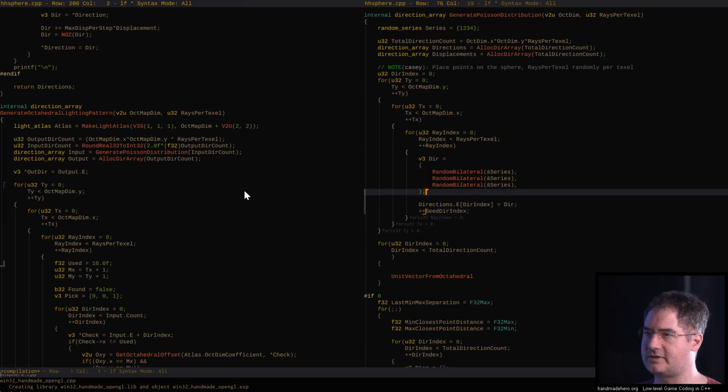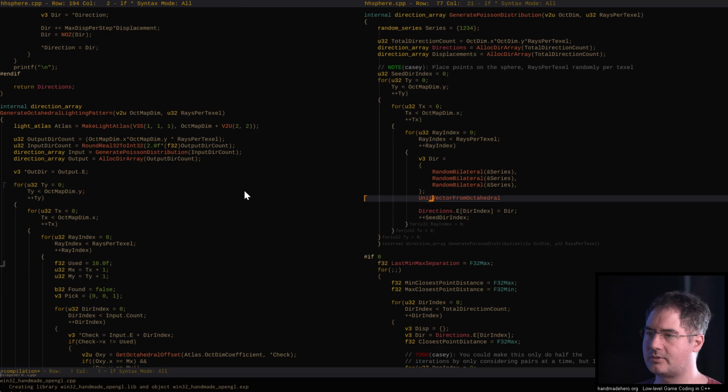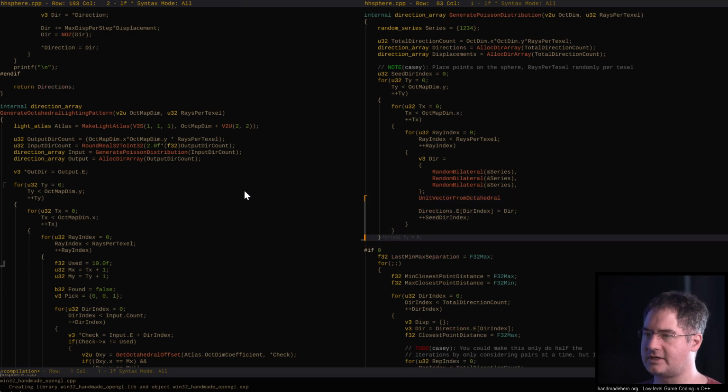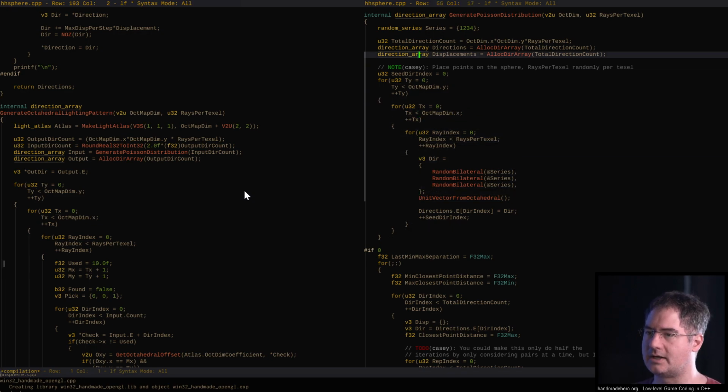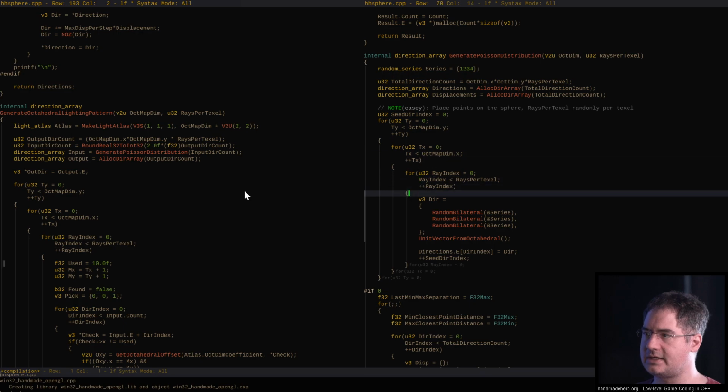And maybe I'll call this seed dir index just so it's not confused with any variables below that we might use. We're going to call unit vector from octahedral, and we need to basically have this direction that comes back. When we do generate octahedral lighting pattern, this now no longer has to happen. So the things that come back from generate Poisson distribution are just going to be correct.